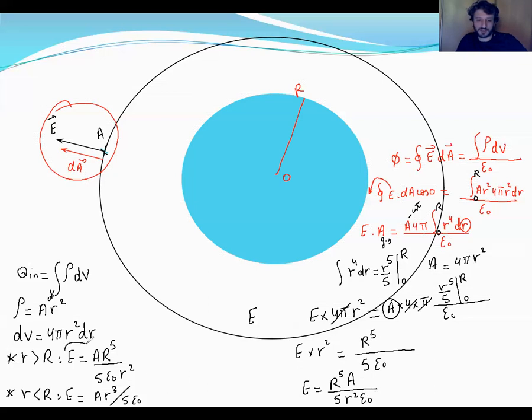We get the right answer here, equals a r^5 divided by 5 r squared epsilon 0, the right answer in the case of r greater than capital R. Now we have to solve the second part, to calculate the field inside the sphere.